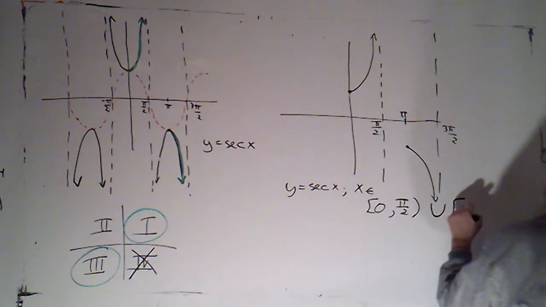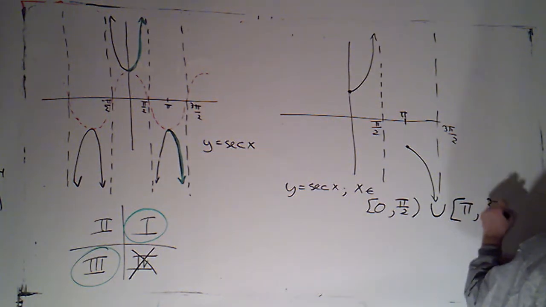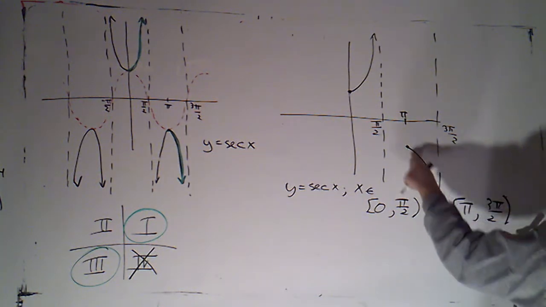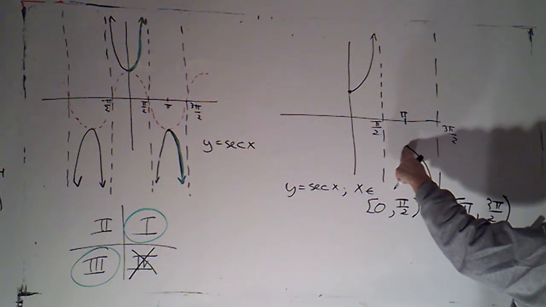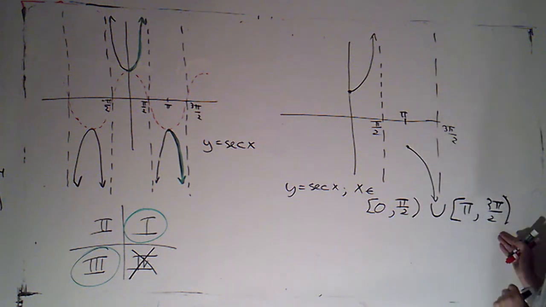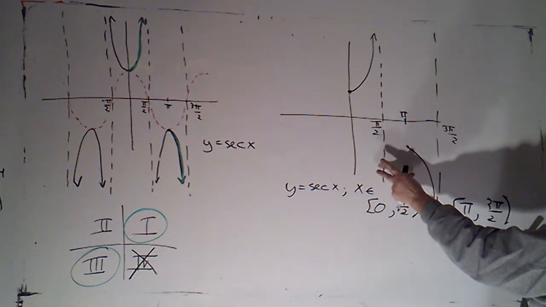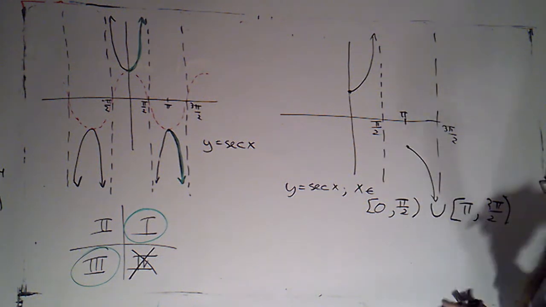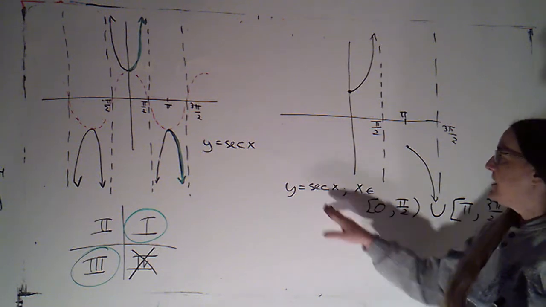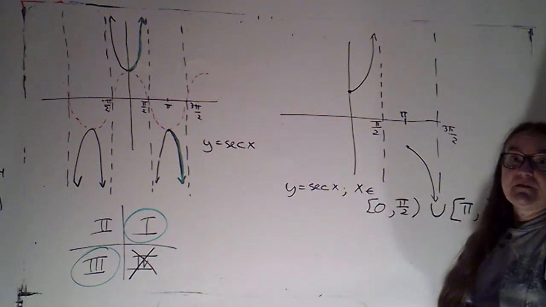Union pi to 3 pi over 2. Again, including pi because secant is defined there, not including 3 pi over 2. This is an invertible function. This is the function we're going to take the inverse of to define the inverse of secant.